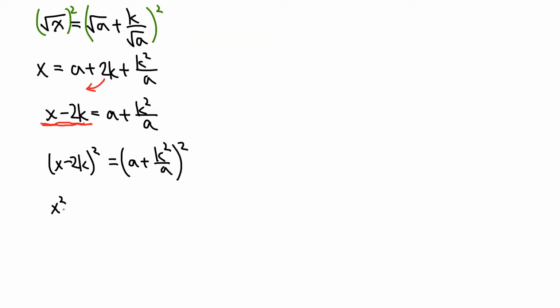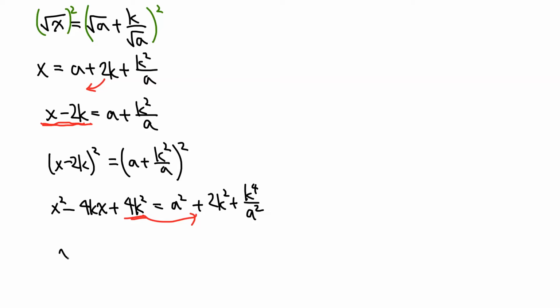Then we have x squared minus 4kx plus 4k squared equals a squared plus 2k squared plus k to the power of 4 over a squared. And if we move this 4k squared onto the right-hand side, we obtain x squared minus 4kx equals a squared minus 2k squared plus k to the power of 4 over a squared.